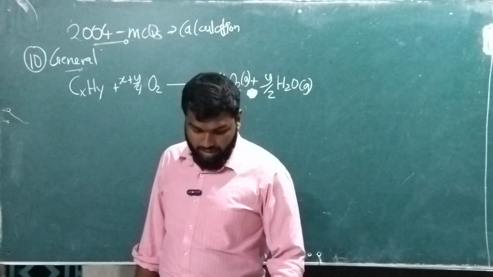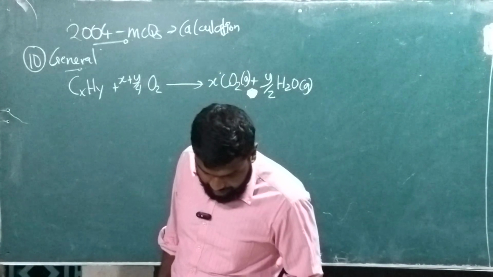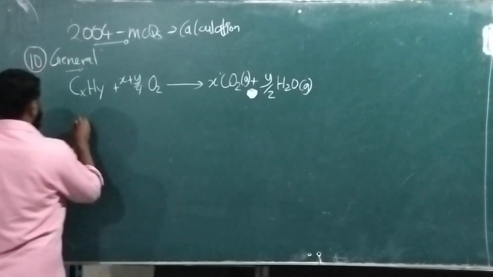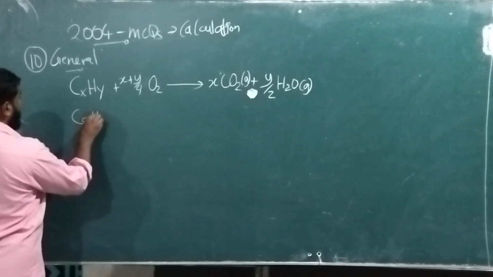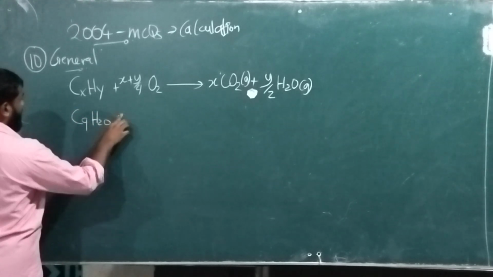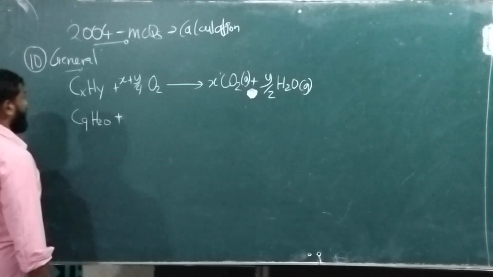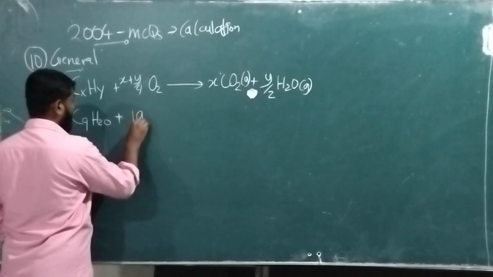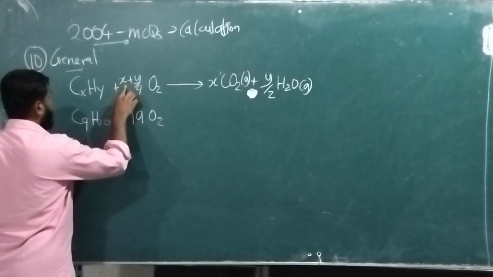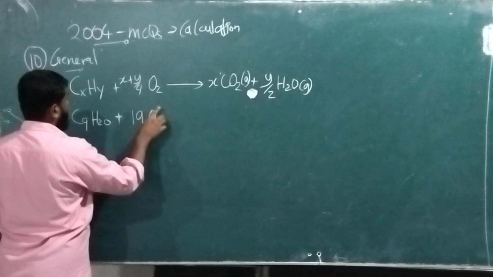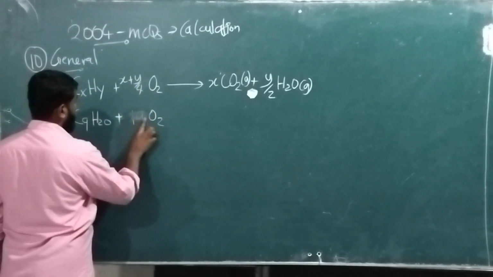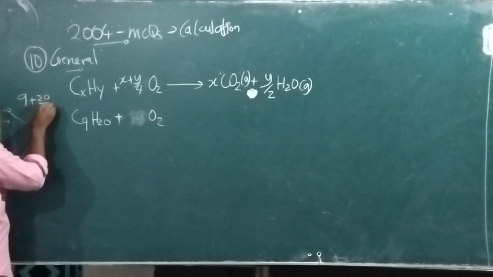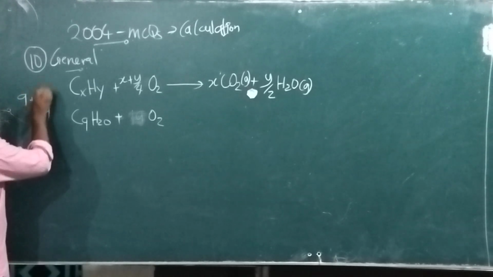So in terms of C9H20, x is 9 and y is 20, so we get C9H20 plus, x is 9 plus 20 by 4, which is 5, so you get 14 here.